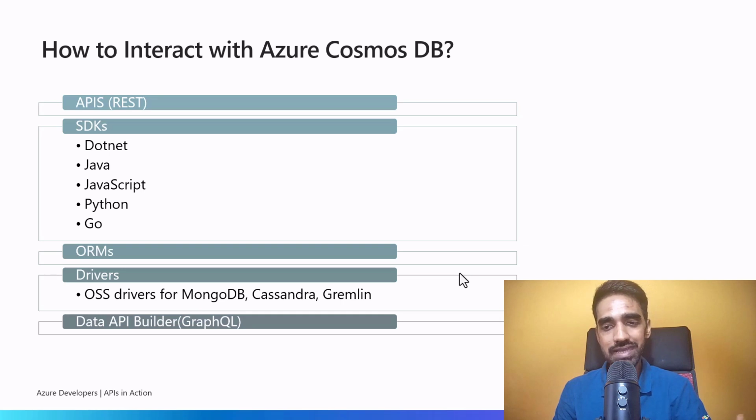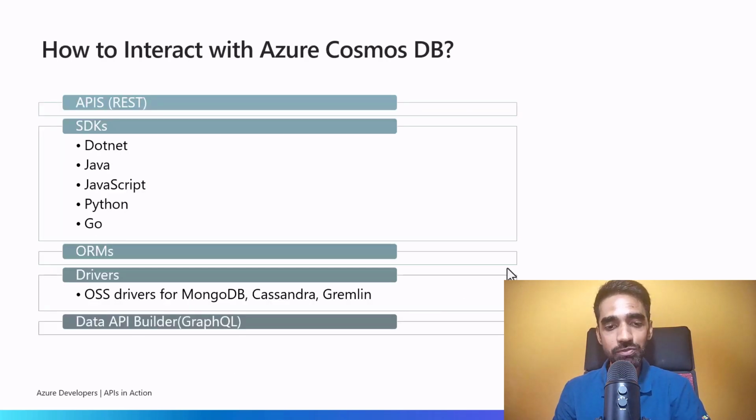Developers can leverage the existing drivers. For example, if you're a JavaScript developer using the Mongo API on Azure Cosmos DB, you can use the Mongo client driver and perform all the operations the way you would on native MongoDB. Similarly, for Cassandra, Gremlin, and Table APIs, we provide the same support as well.